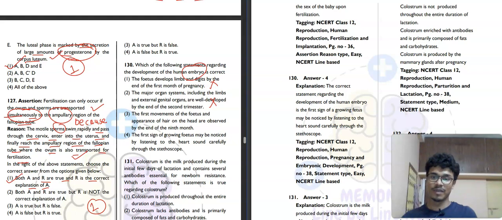The first movement of the fetus and appearance of hair on the head are observed by the end of 9 months. No, the first movement of the fetus can be seen earlier. The first sign of a growing fetus may be noticed by listening to its heart sound carefully through the stethoscope. It is absolutely correct. So that's why fourth option will be our correct answer.